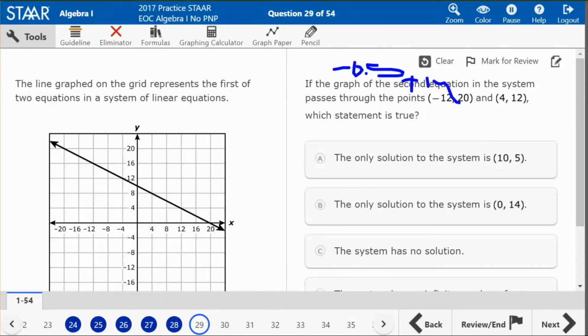So I got my equation, negative 0.5x plus 14. I got it by using STAAR. Now it's time to graph both of them together to see if they intersect or have a solution. Pause the video and try to do this yourself. I just graphed both my equations and they did not intersect. So our answer is C.